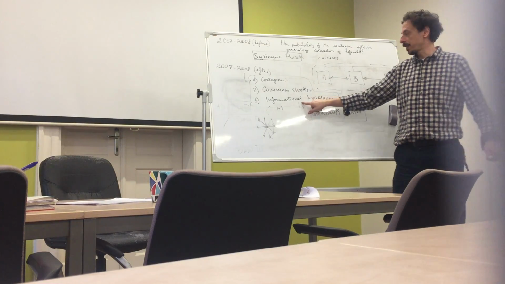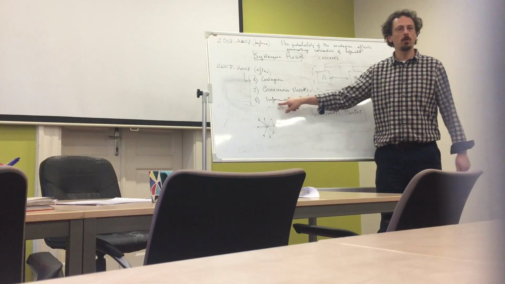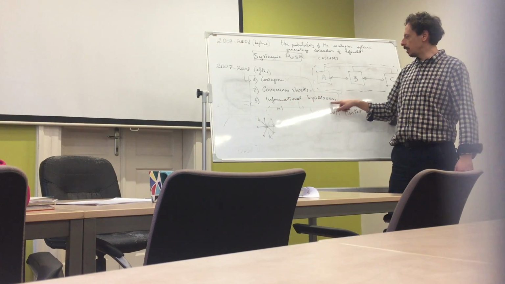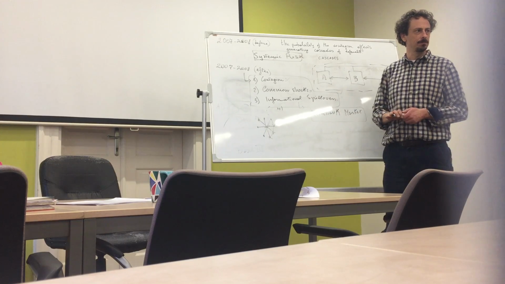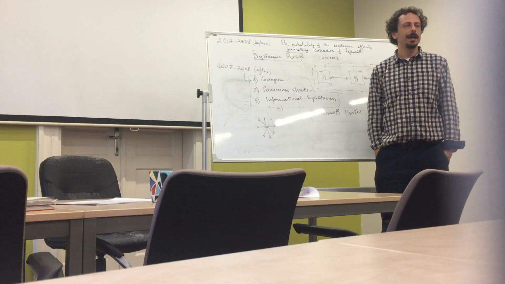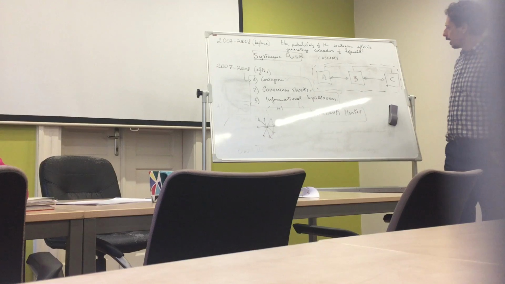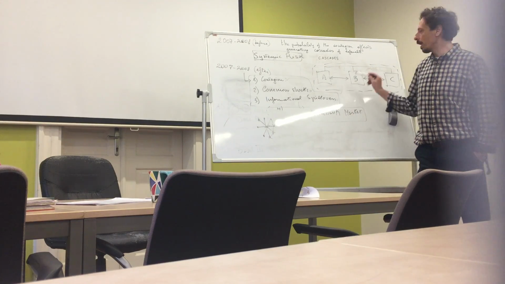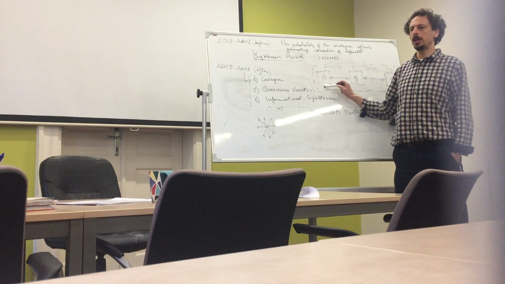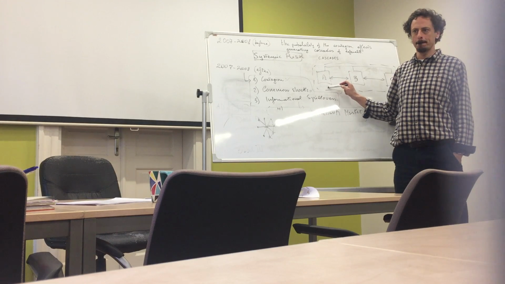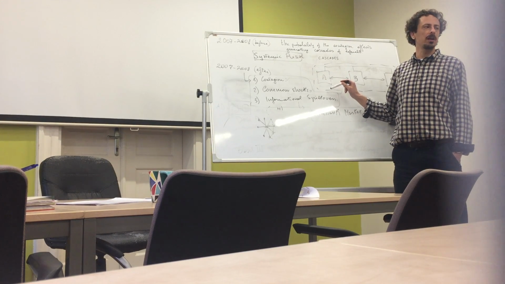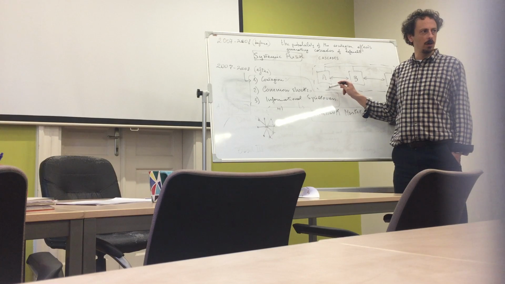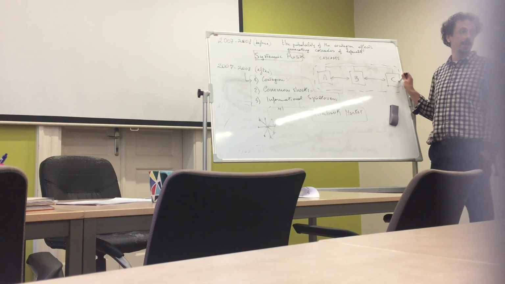The second important factor here is informational spillovers. We learned that when one financial institution is failing, the refinancing cost of the others is higher.